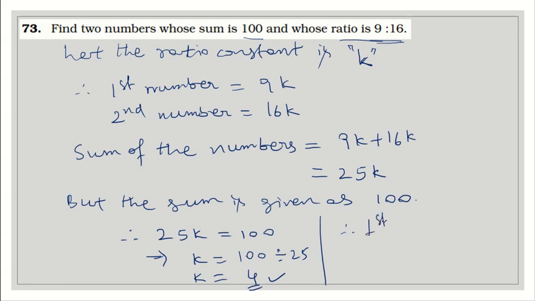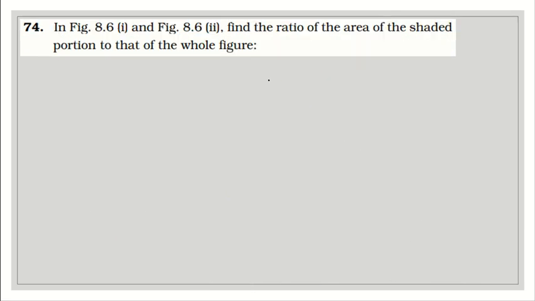Therefore the first number is 9 times 4, which is 36, and the second number is 16 times 4, which is 64. So this is how we find the numbers. Okay, now moving on to question number 74.